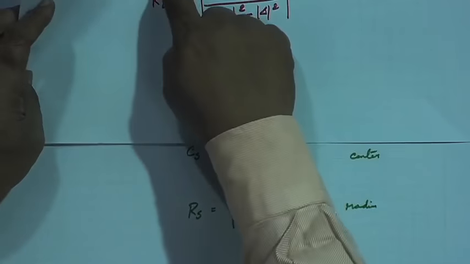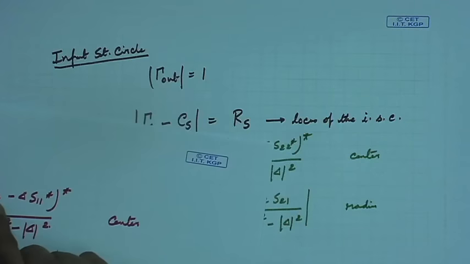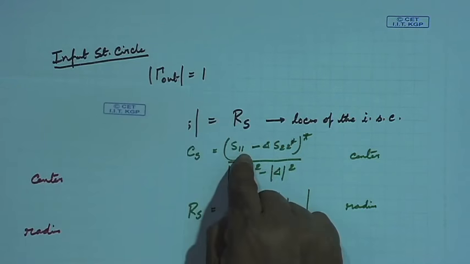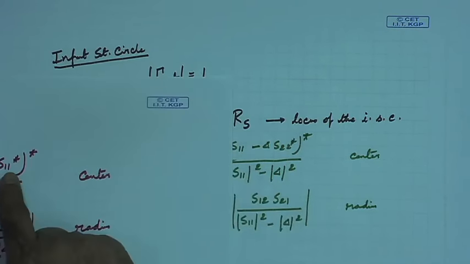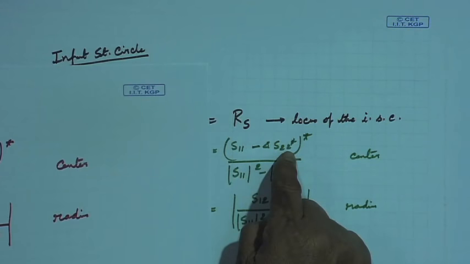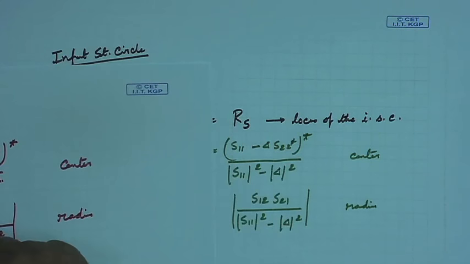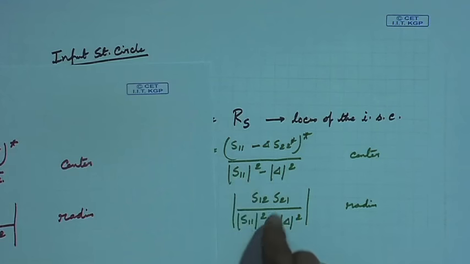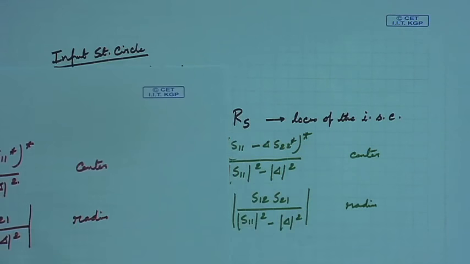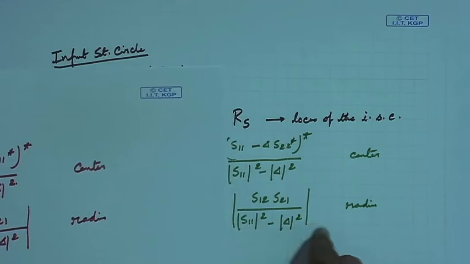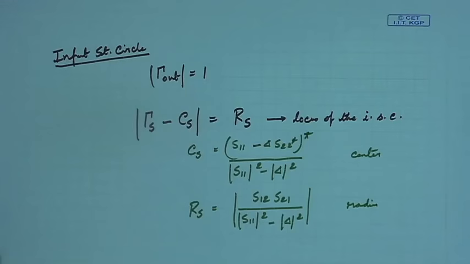For memorizing, you see that compared to CL, S22 is replaced by S11, and S11 is replaced by S22 here, and similarly in the other terms. So, the equations are similar.